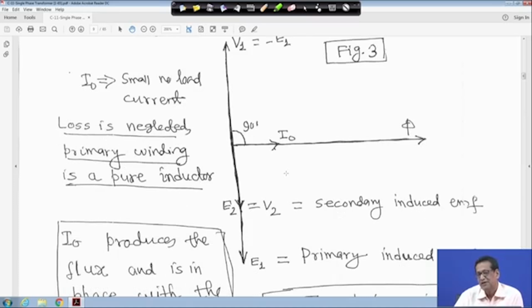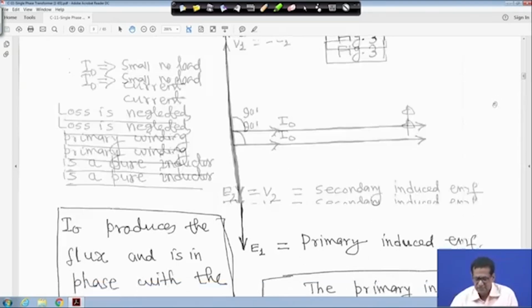Now generally in a transformer, heating of the core happens because of energy losses due to hysteresis and eddy currents flowing in the core. Because of that, some loss component will be there. If you consider the loss component, then I0 is not exactly lagging 90 degree from V1, or not exactly in phase with phi; there will be some lagging angle of I0.